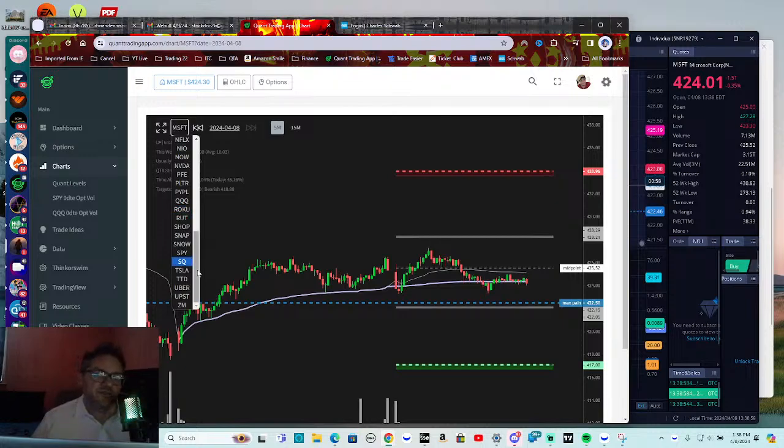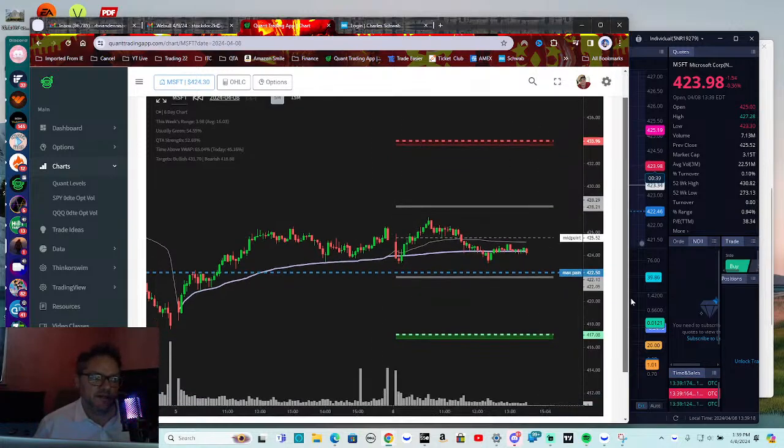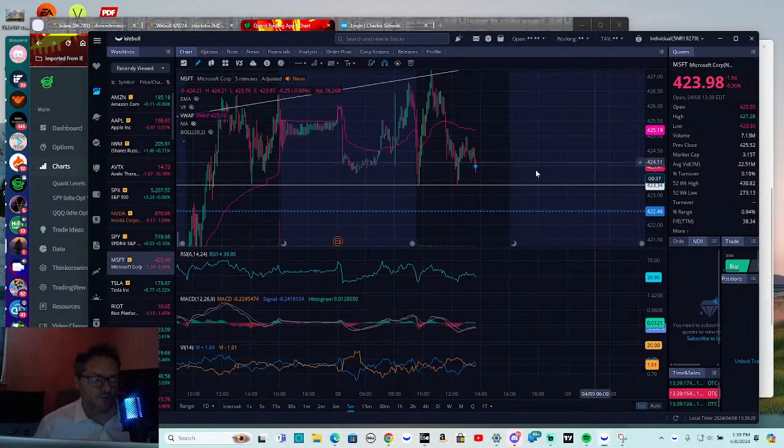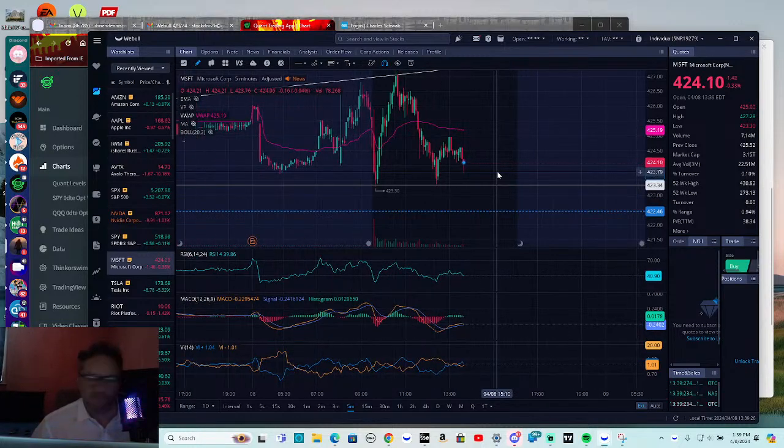If it's not on here, that just means it doesn't have enough of a sample size to produce the data that's required for QTA to kind of stand behind it. There are ways that we can plot any ticker that has enough of an options market, a derivative market, to plot your own levels, and we can get into that a little later. But I just wanted to focus on more of a faster trade happening here.